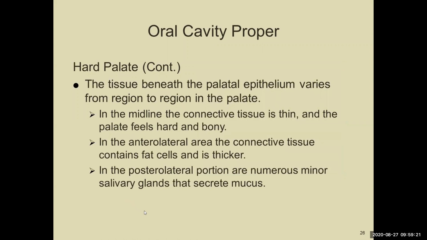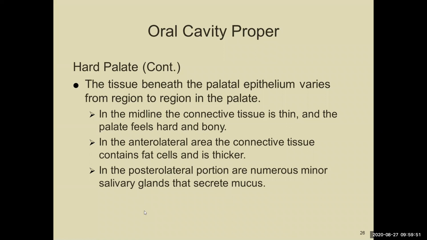So for the hard palate, the tissue beneath the palatal epithelium really varies from region to region in the palate. At the midline in the center, you've got connective tissue and it's thin, and the palate feels hard and bony. That tissue is very stretched against the palate. In the anterolateral area, the front sides, the connective tissue contains fat cells and is a little thicker.